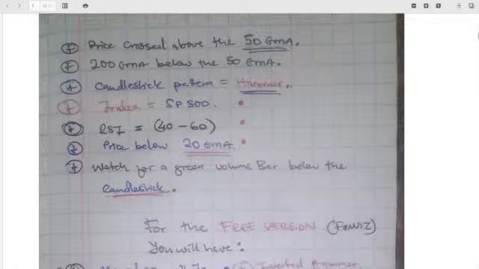Then you want to select the candlestick patterns, and this is the point where you are coming in and want to get the paid version, because basically the paid version will give you more options.